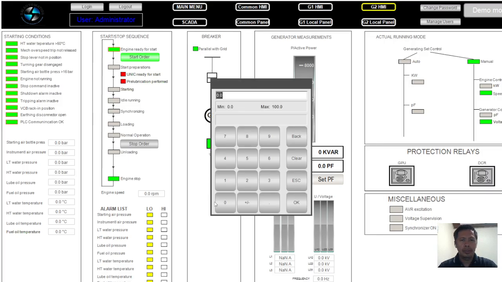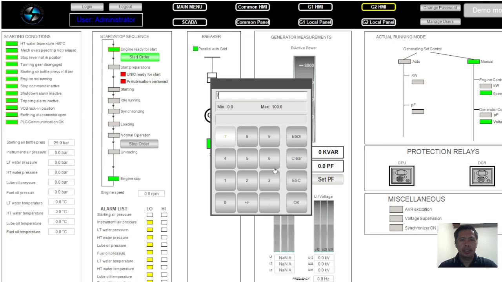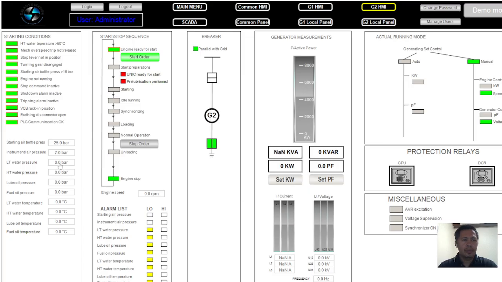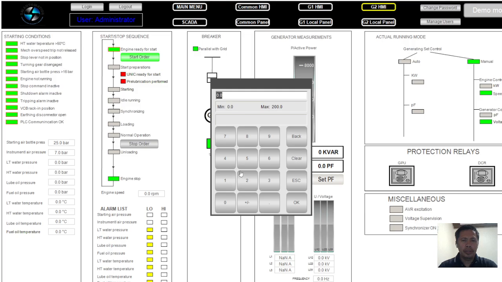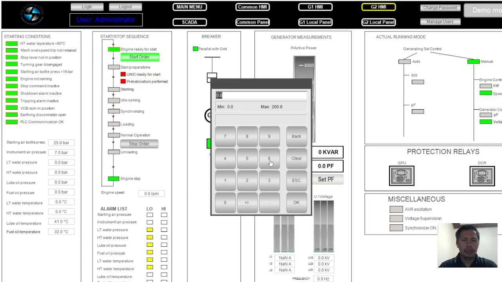So now the starting battle. Assuming this is 25 bars. Okay, this is 7 bars. Then the fuel temperature is 32. The other temperature 41. The temperature is 60.